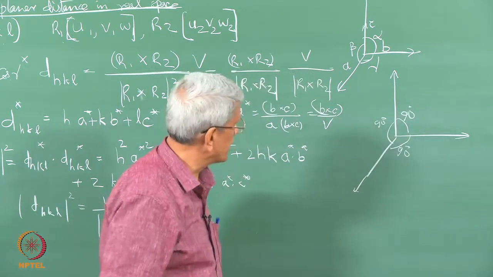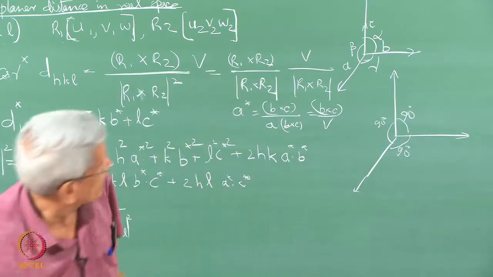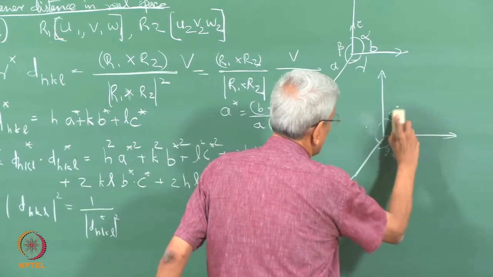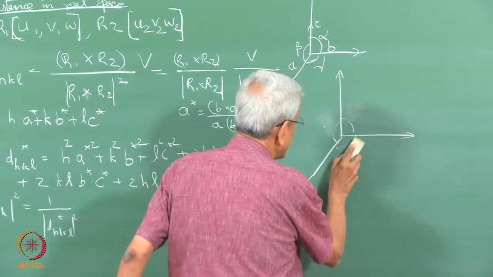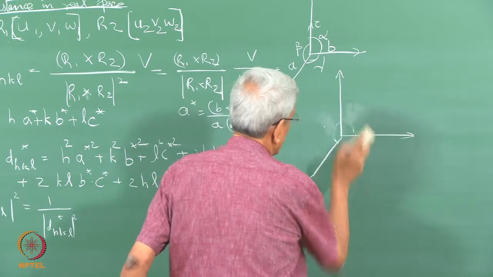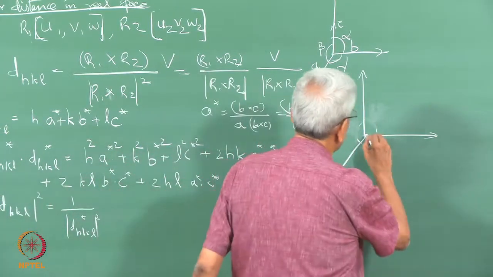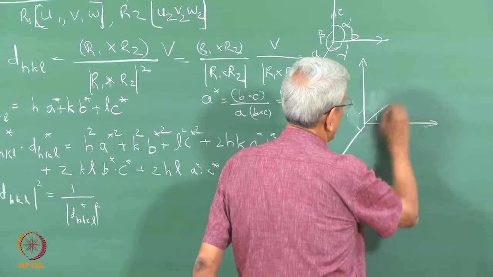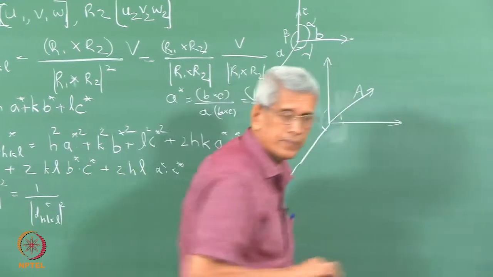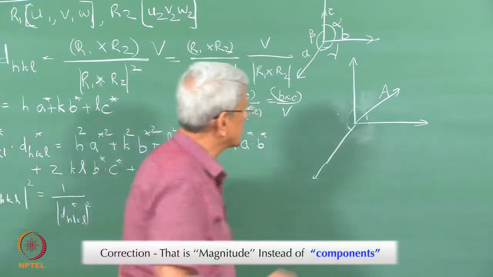In this system, we can consider any vector lying like this, and we define this vector as A. How do we find out the magnitude of the vector?